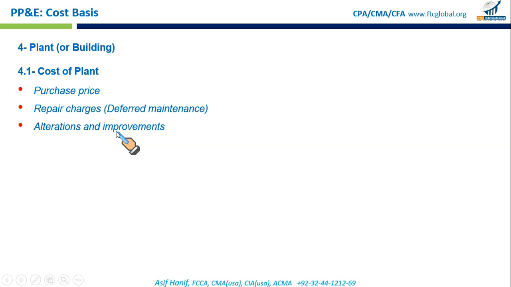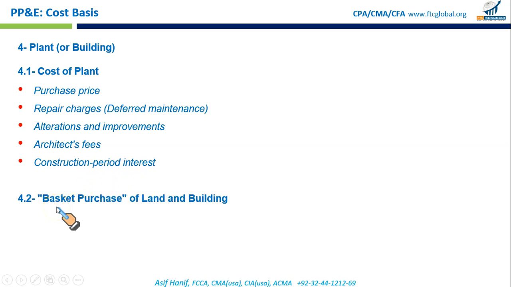Alteration and improvements, any changes or upgrades made to the building. Architect's fee paid to the architects for designing or perhaps overseeing the construction. Construction period interest, that we just discussed a little while ago. Interest incurred during the construction period, which can be added to the cost of the building.